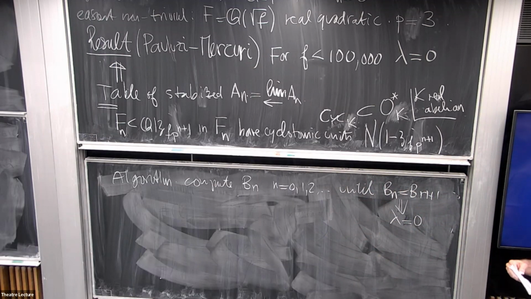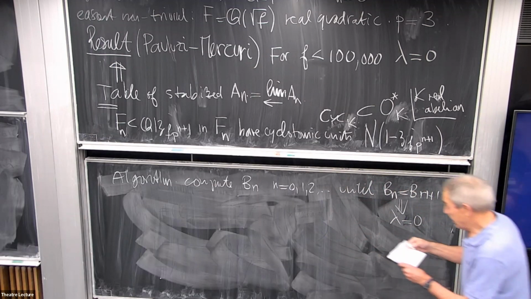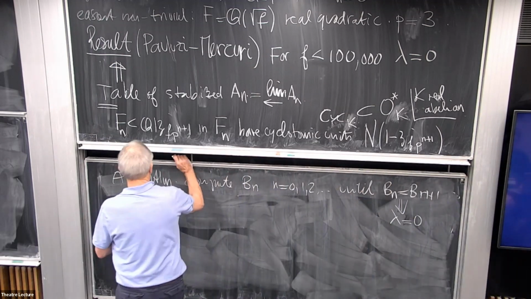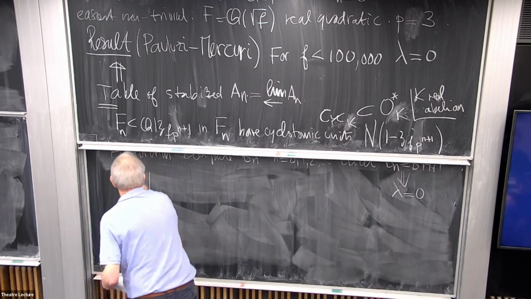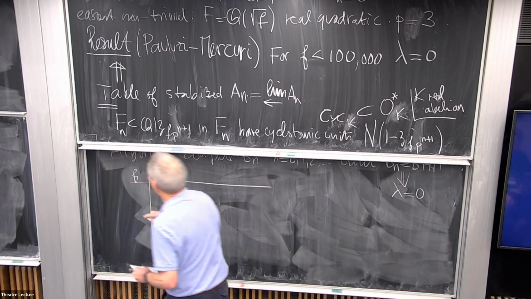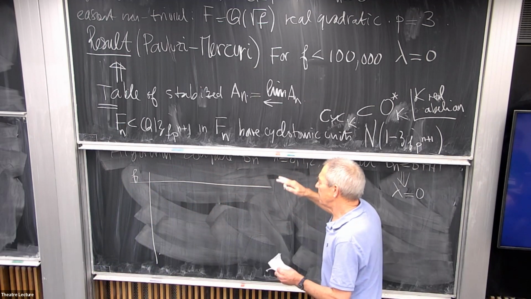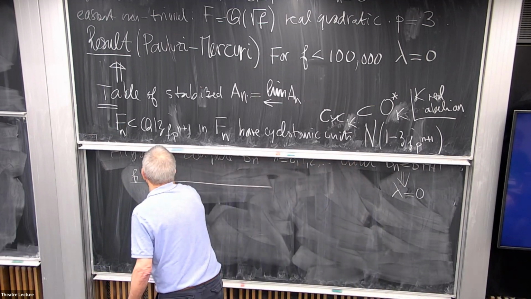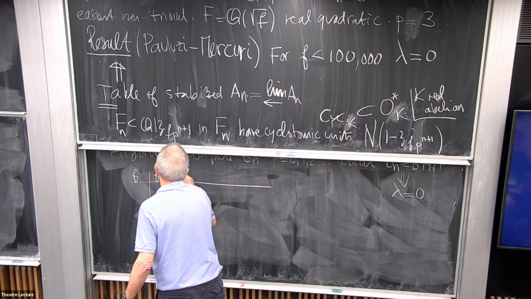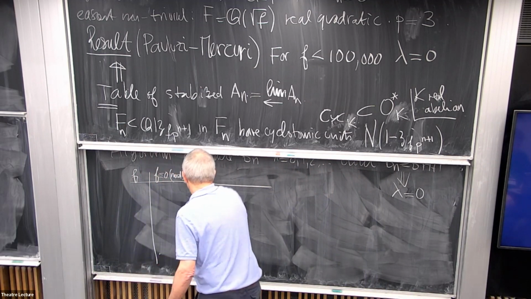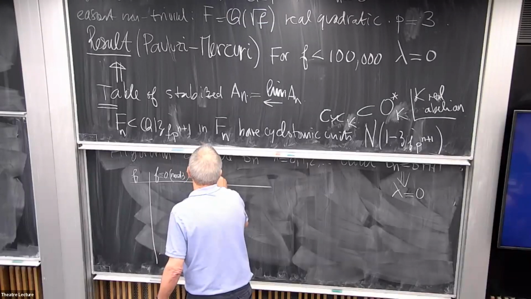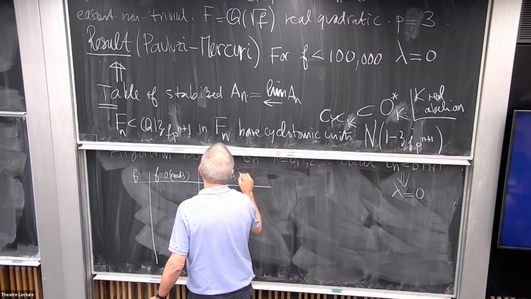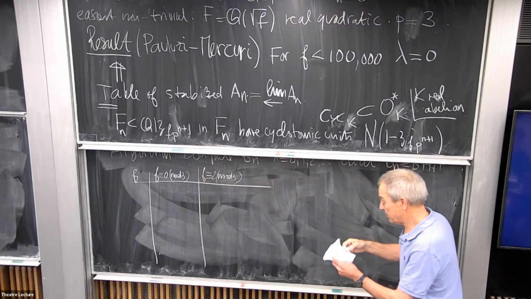Let me give you the results. So we make a little table. Here we have F. I will not write 1 modulo 3 in the beginning. So F can be 0 modulo 3, or it can be 2 modulo 3. The behavior is exactly the same statistically, but still I split it for you.